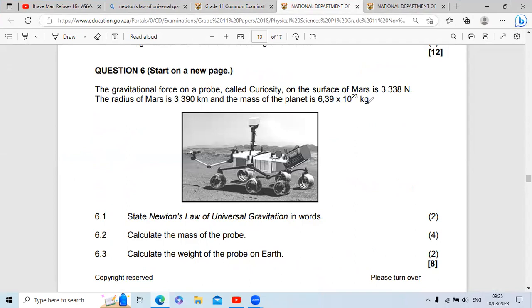So, the very first question that I have for you right now is, can you differentiate between mass and weight? Sir, mass is a unit of measurement of weight, and weight is weight. One at a time, please.